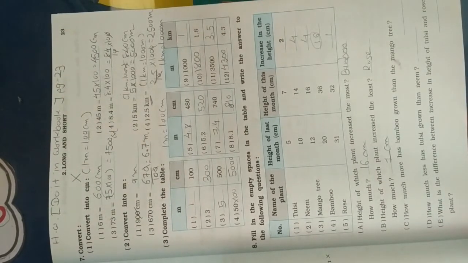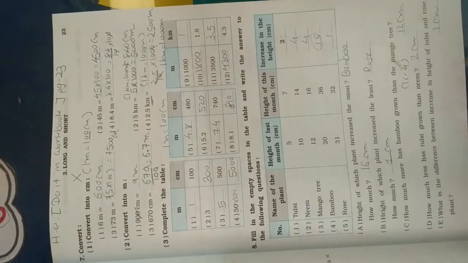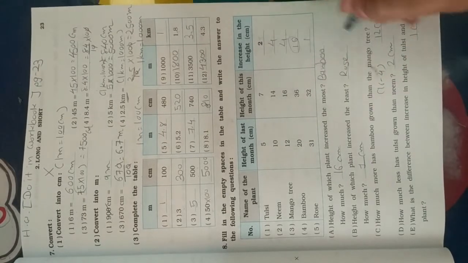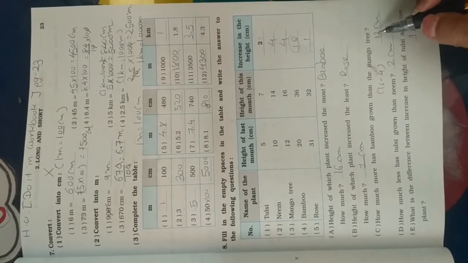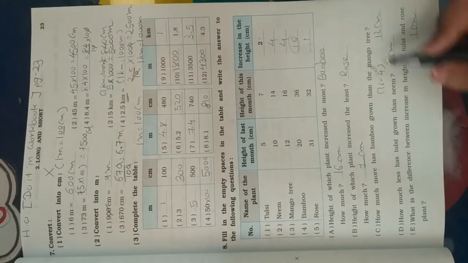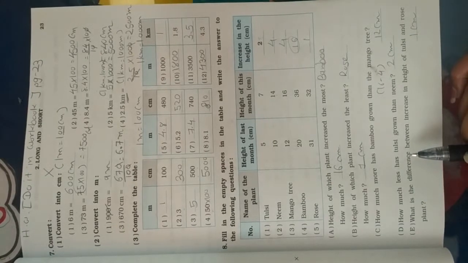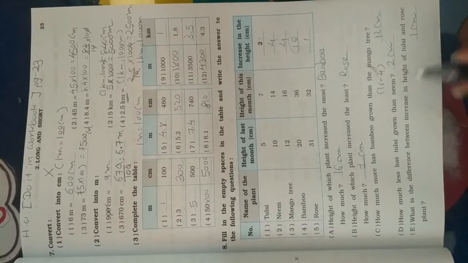Now next, number C, how much more has bamboo grow than mango tree? By doing subtraction of 16 minus 4, you will get the height that bamboo will grow this much as compared to the mango tree.